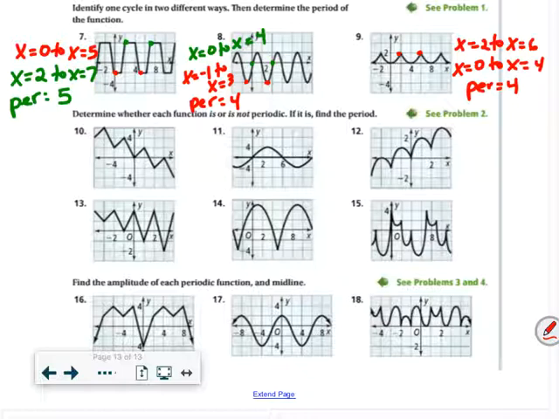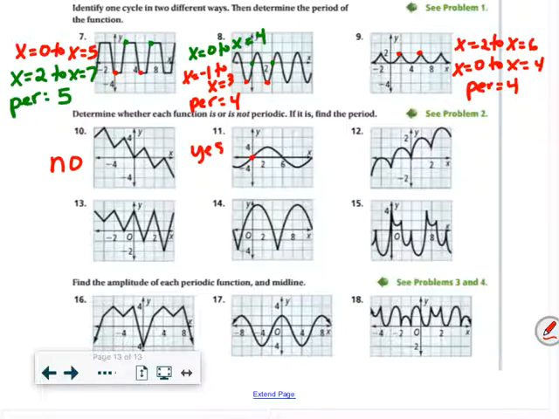In 10 through 15, these should actually be pretty quick, yes or no. Determine whether each function is or is not periodic. If it is, find the period. So what I would like you to think is, could you take a stamper and take that region, one full cycle, and keep stamping, stamping, stamping? So number 10 is a no. 11 is a yes.